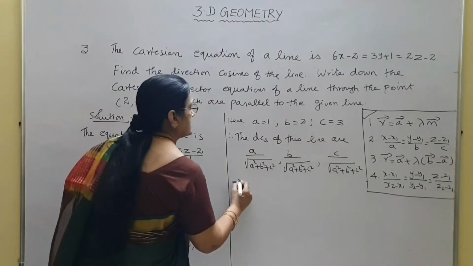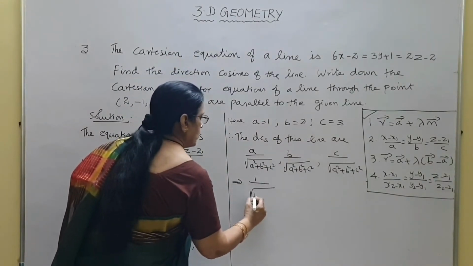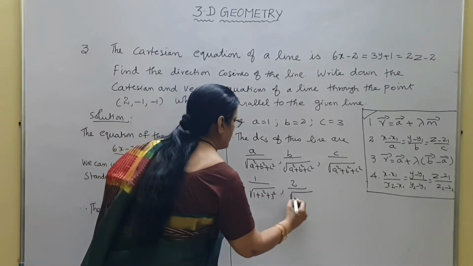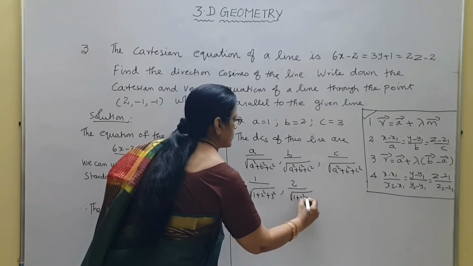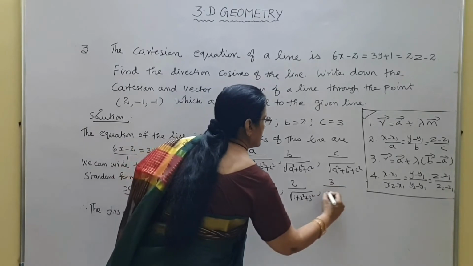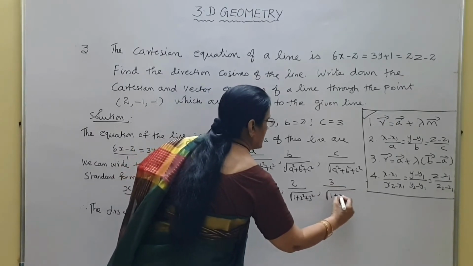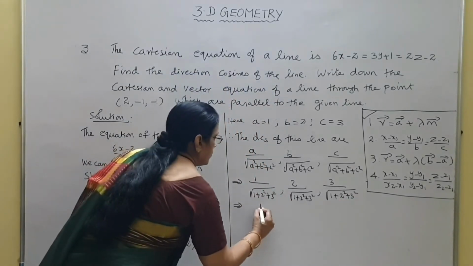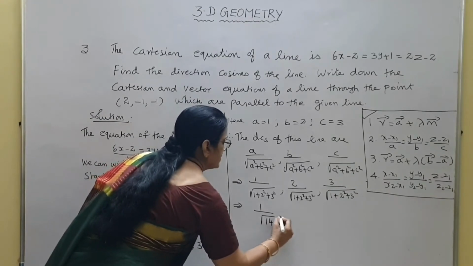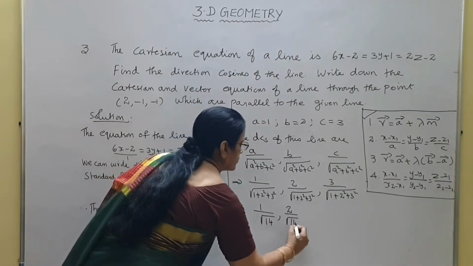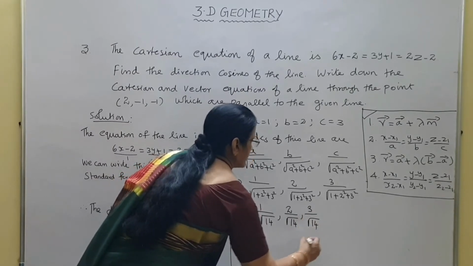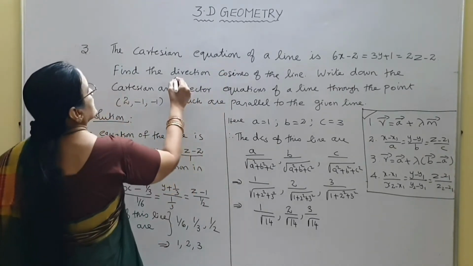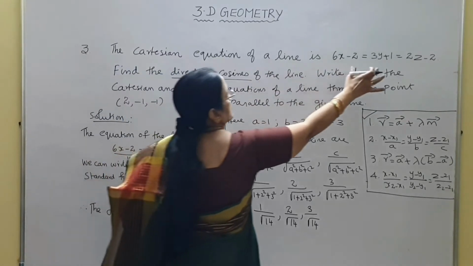So this implies 1 by square root of 1 plus 2 square plus 3 square, 2 by square root of 1 plus 2 square plus 3 square, then 3 by square root of 1 plus 2 square plus 3 square. When I simplify further, I will be getting 1 by square root of 14, 2 by square root of 14, 3 by square root of 14. So, we have now answered the first part of the question, that is the direction cosines of this particular line.